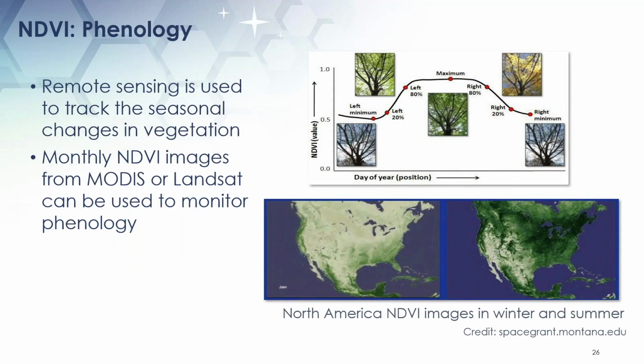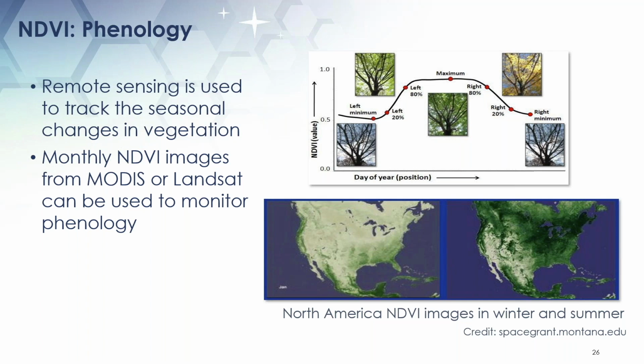NDVI is also useful for plant phenology. Phenology is the annual dynamic of vegetation greenness and essentially shows you how the seasons change. And this example is from North America. So you can see earlier in the year, which is winter, there are little to no leaves on the trees, resulting in low NDVI values.